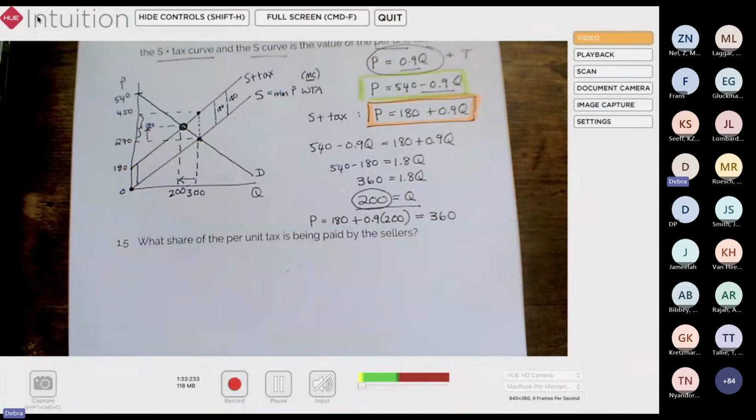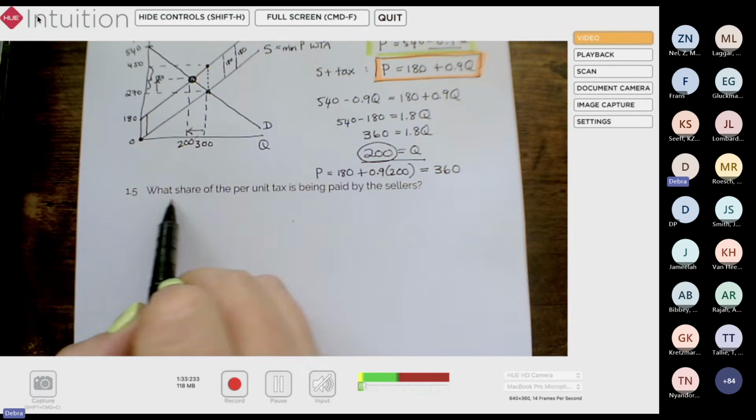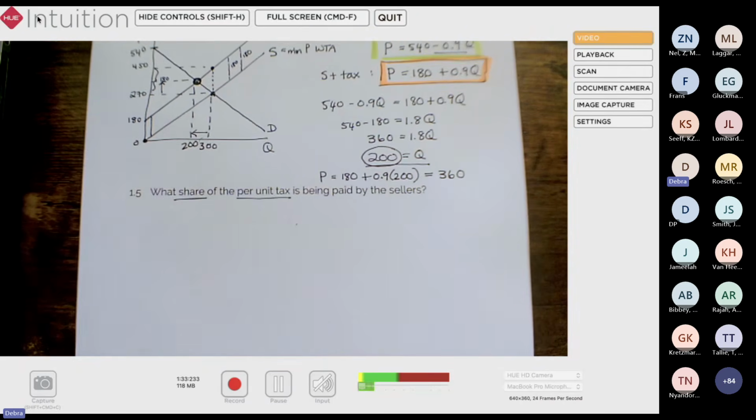Okay, so then in 1.5, we get told to find out the share of the per unit tax that is being paid by the sellers. If I look at the question now, what I can see is that the original price was 270.